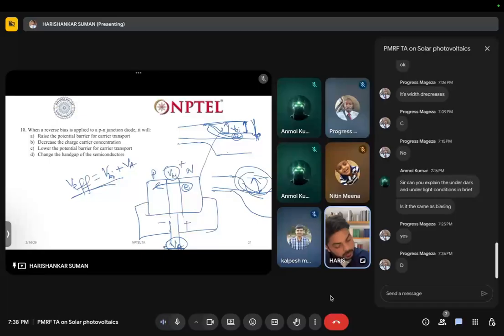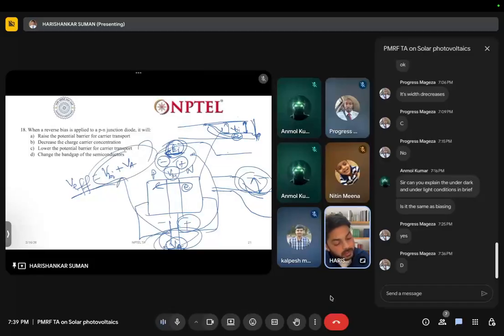The electric field at the junction is in this direction, and the applied field also supports it with the positive terminal. So the field gets higher, and the potential gets higher by that amount VA.